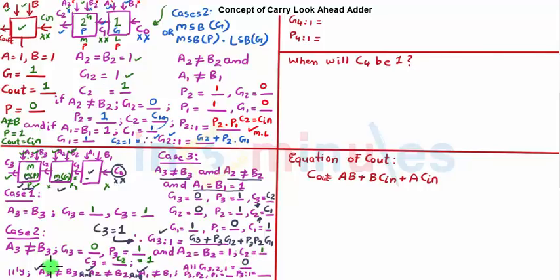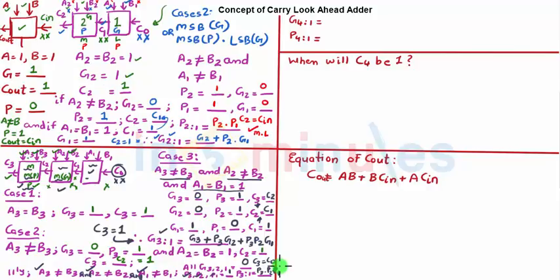However, because all of them are alternating, all my respective propagate signals P3, P2, P1 are going to be 1, which clearly says that my C3 will be equal to C0 because this guy is propagating, this guy is propagating and this guy is propagating. That is nothing but P3 propagating, P2 propagating and P1 propagating. So this gives us group generate and group propagate for 2 bits and 3 bits.